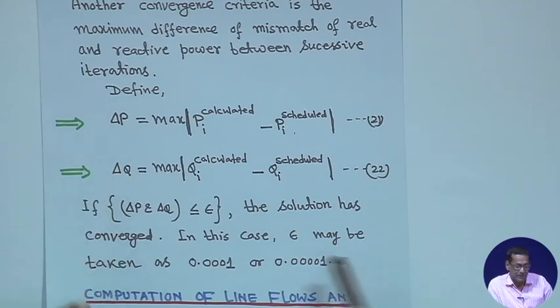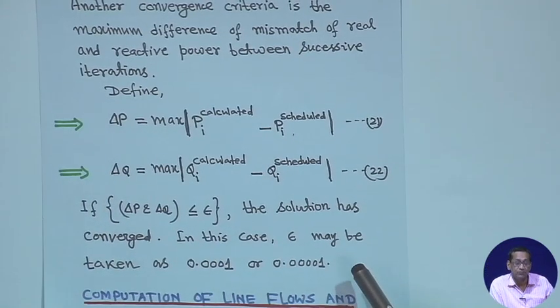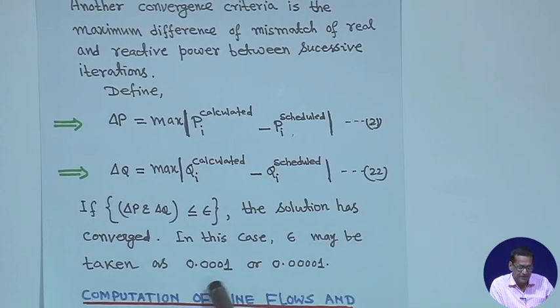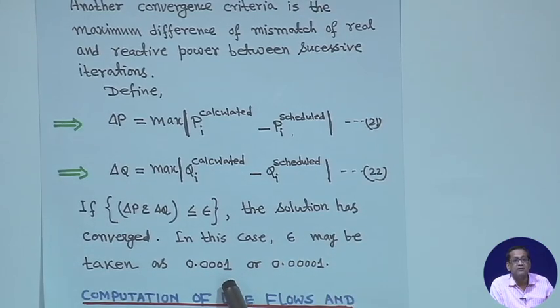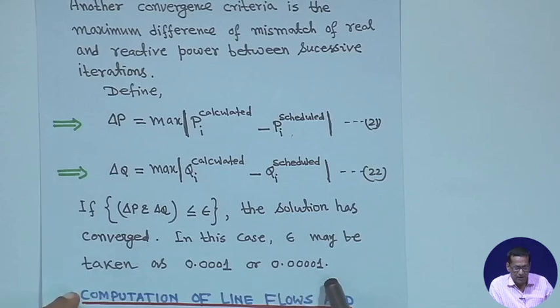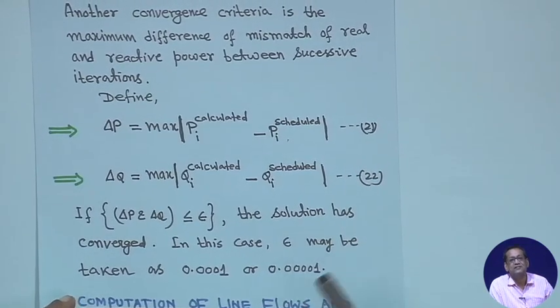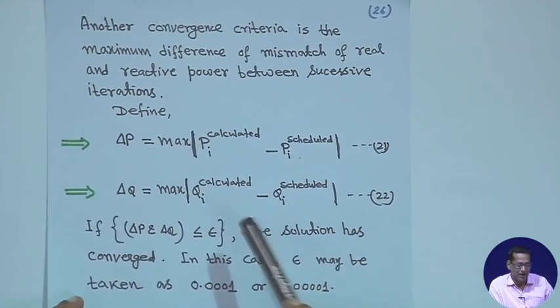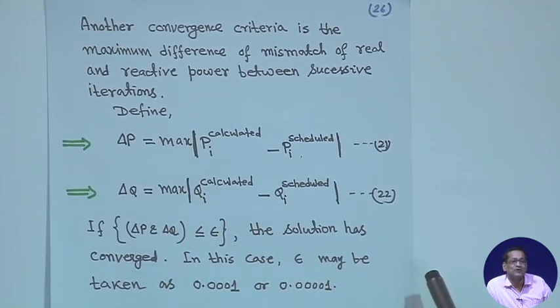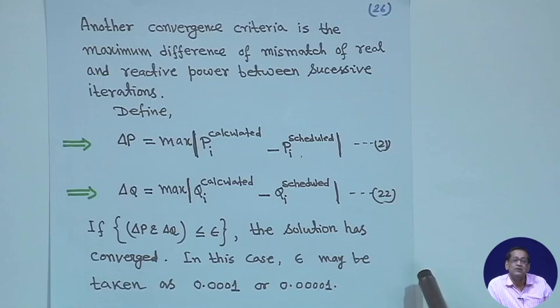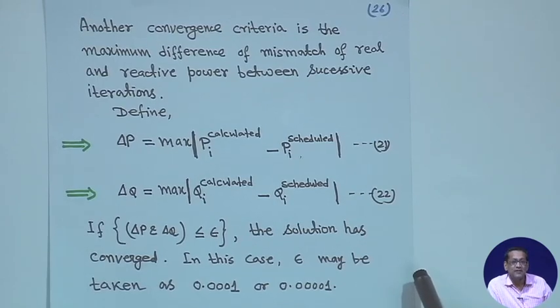Both together should be less than epsilon. In this case, epsilon may be taken again as 10 to the power minus 4 or 10 to the power minus 5, depending on the accuracy. So, these are the two ways of convergence criteria I told you. Thank you, next we will continue.